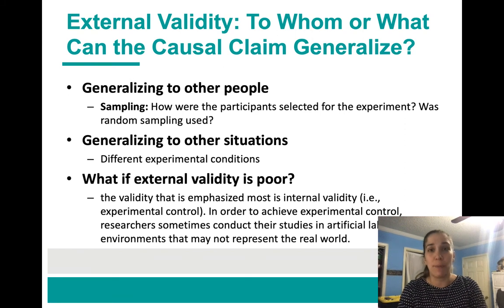Or at least a college population. And this might be a problem, right? Because students that go to college tend to be of higher intelligence, middle class or above, have access to resources that are different than those that may not go to college.